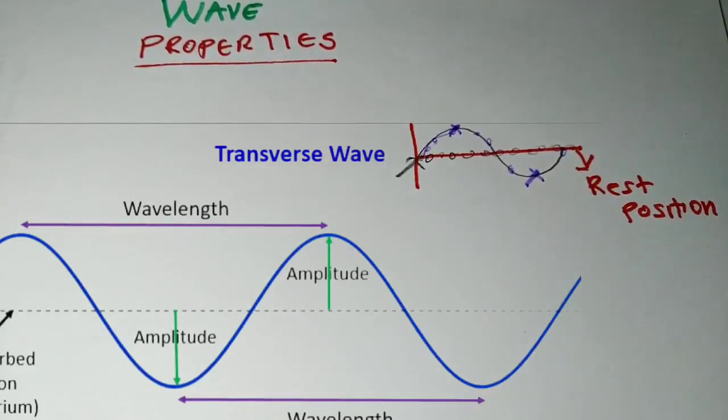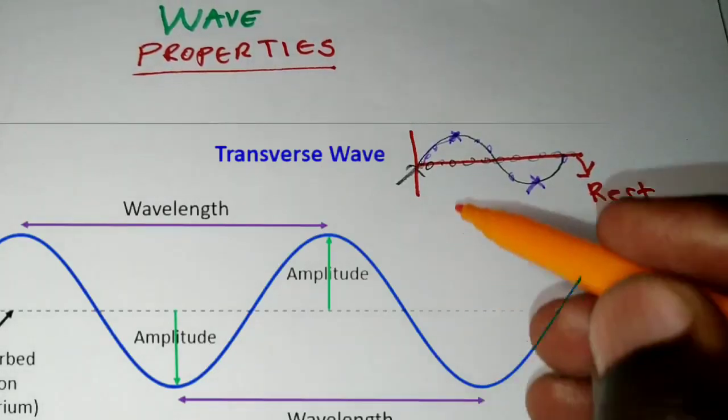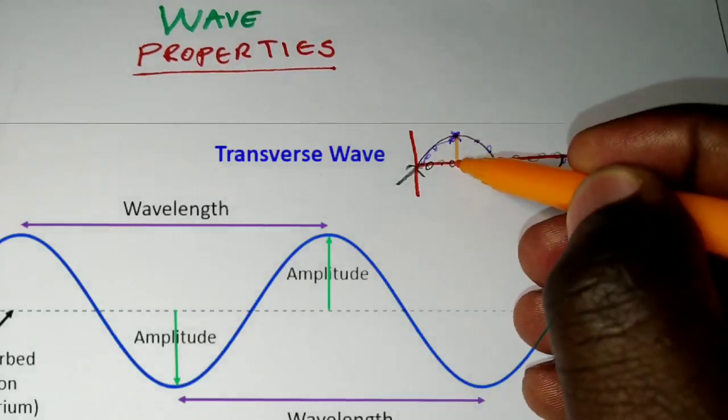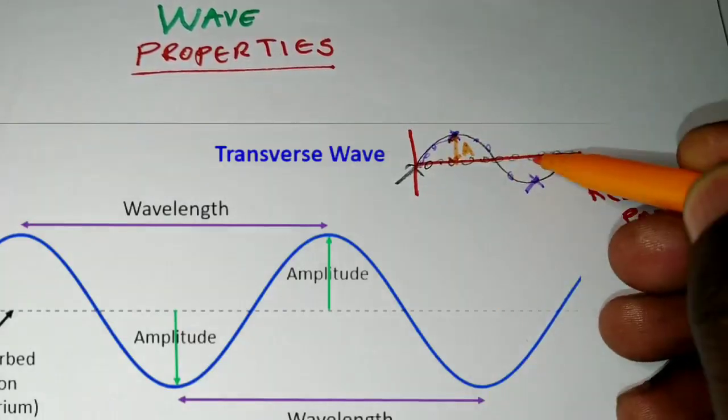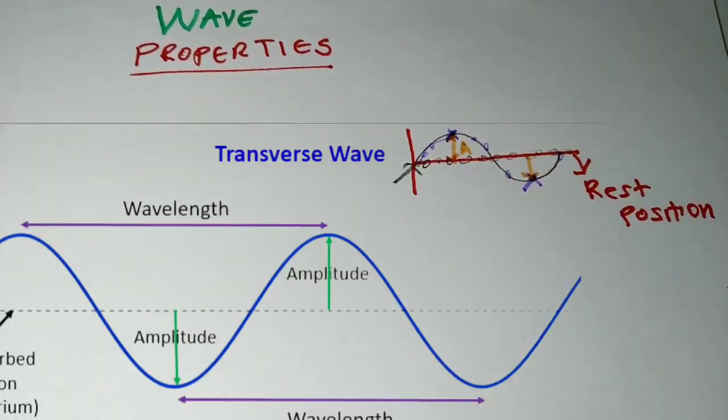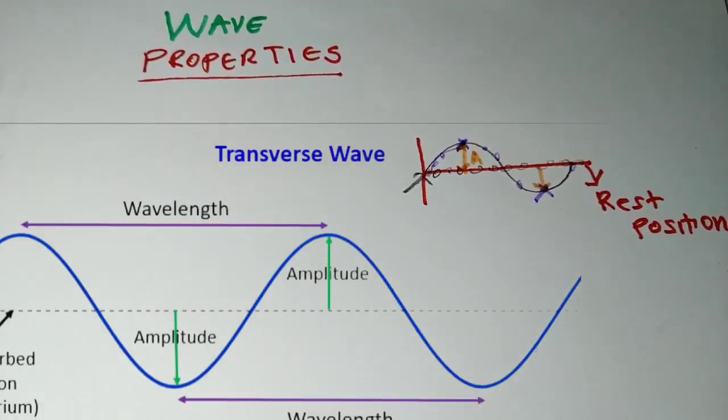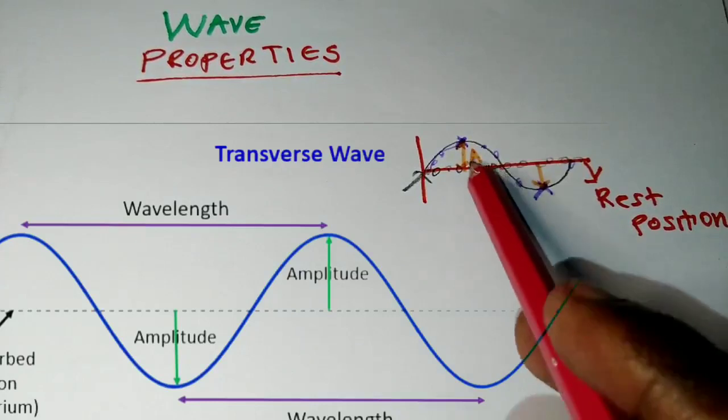So the maximum displacement, we simply need to measure the height, or the length from there to there, and this will give us our amplitude. As the particles are being displaced from their rest position, the maximum they can be displaced, that's the amplitude.